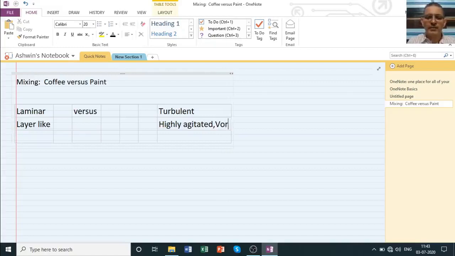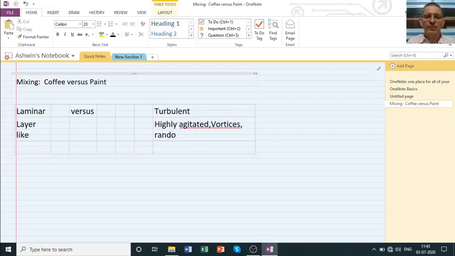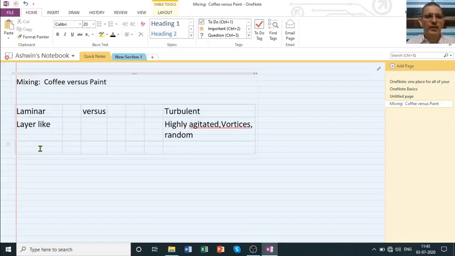We saw vortices forming. We saw that it mixes quickly, random if you like. It's not completely random, random like. So layer like is the right term. One more thing we saw: reversible versus irreversible. What else did we see?